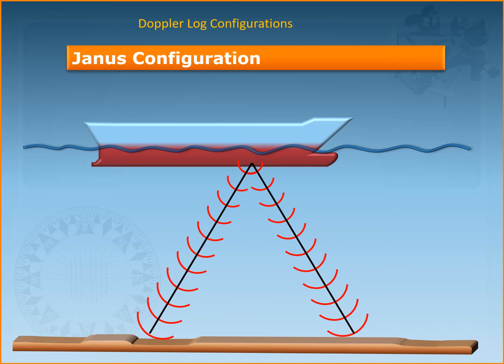This is known as the Janus configuration because it is named after a Greek god called Janus, who could see the future and see the past. I think the god had two heads, one looking forward and one looking past, and that is why the Janus configuration is named after the same Greek god, because here also you have two beams, one looking forward and the other looking aft.